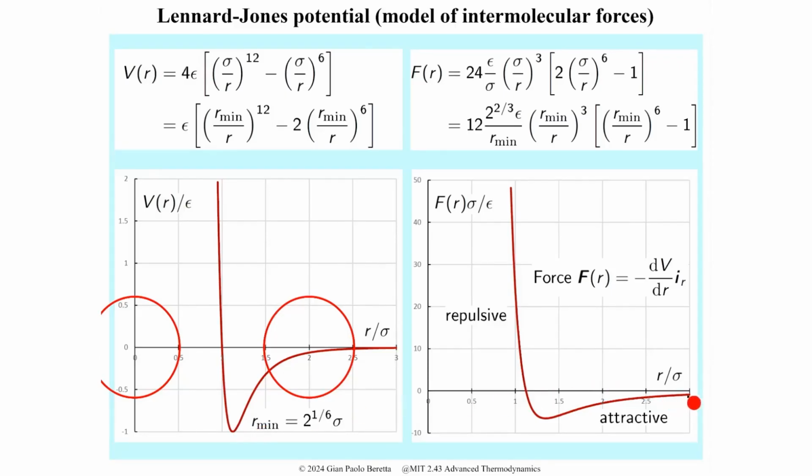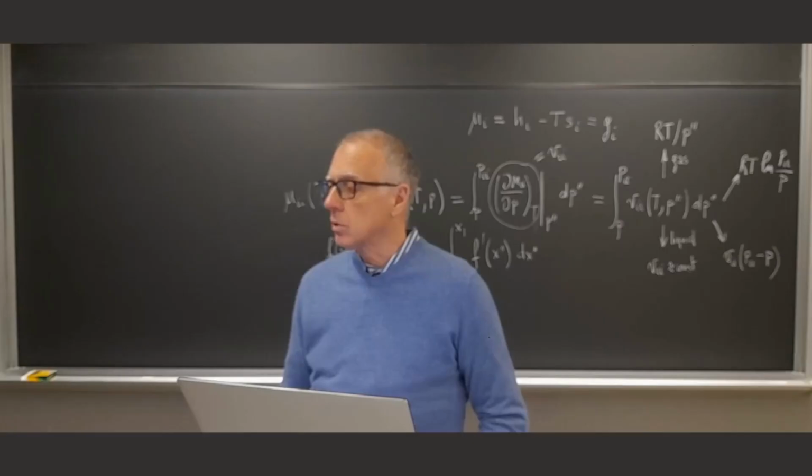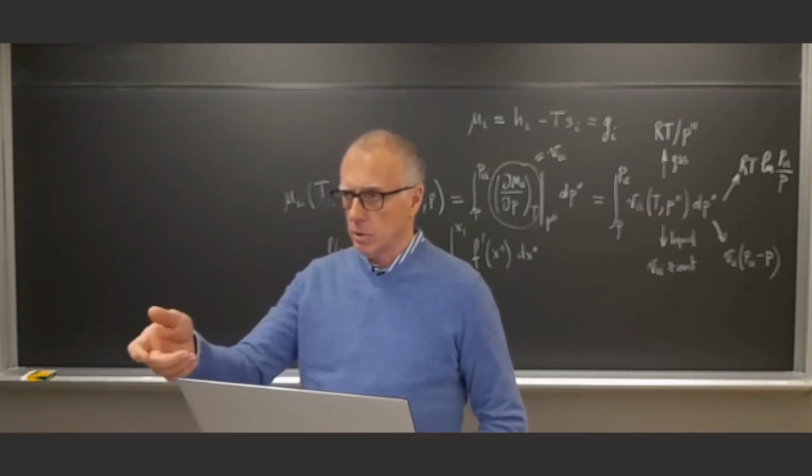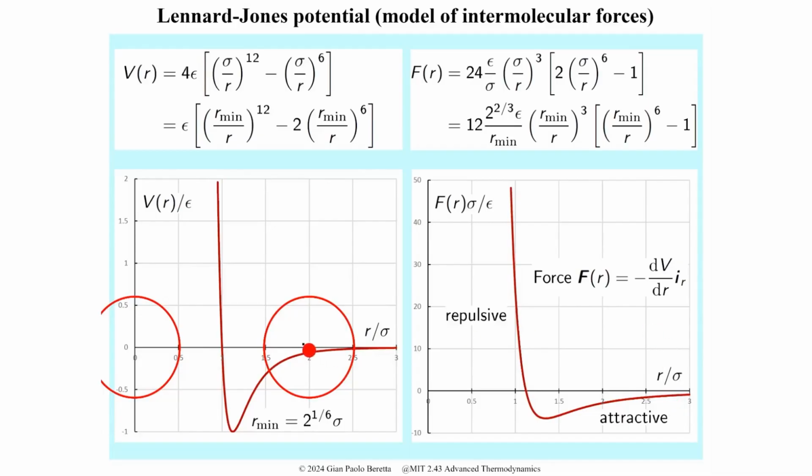Actually, when the molecule approaches and gets an attractive force, it gains kinetic energy. So it's accelerated towards the particle. If the molecule is coming from the right and approaching, it's accelerated towards the molecule I'm sitting on.